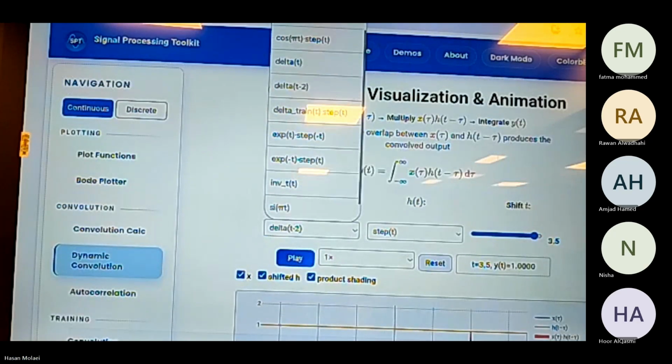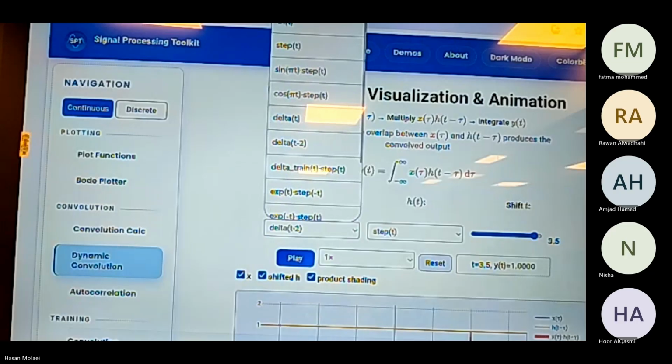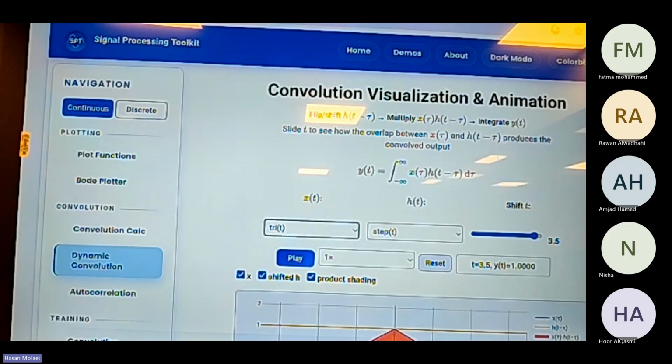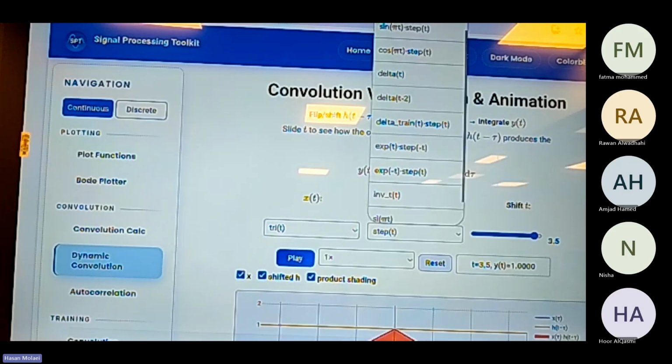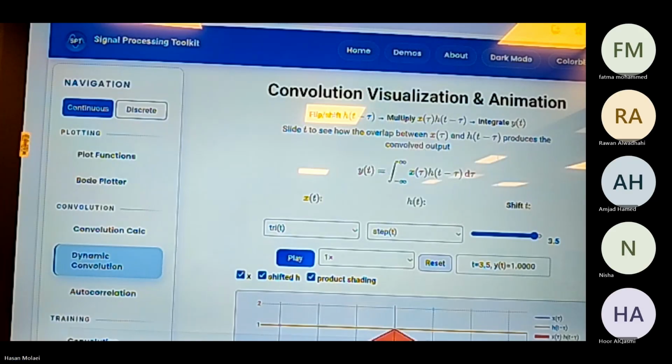Now one triangle and one step. It should be the integral of which one?